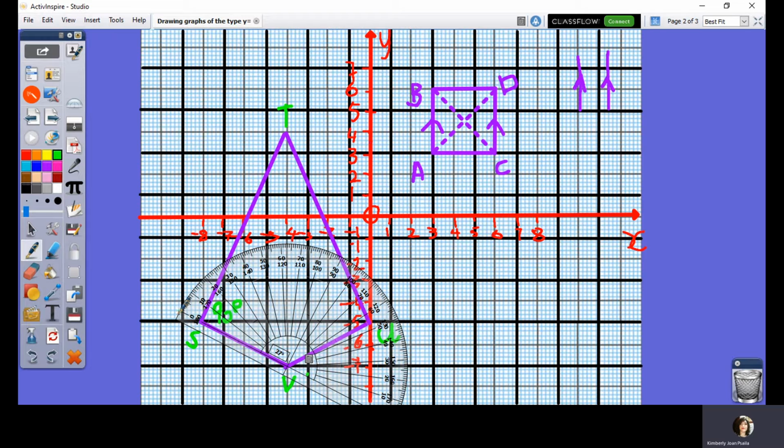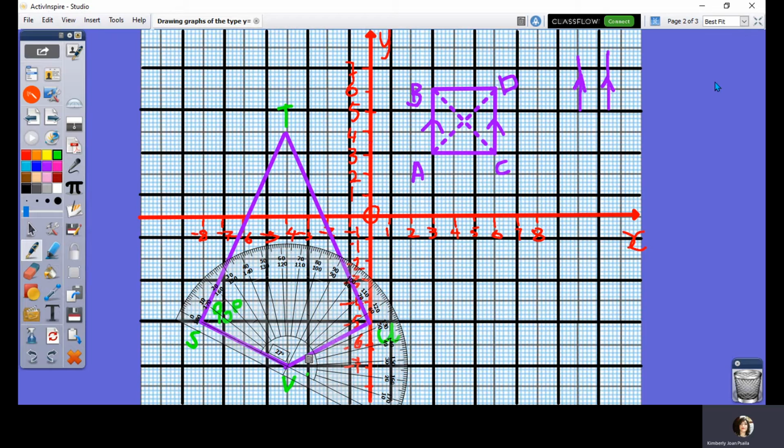Where is your zero? That is your starting point, so you have to start reading from here. So 0, 10, 20, 30, 40, 60, 70, 80, 90, 100, 110, 120, and here, as I can see, it is exactly between 120 and 130.